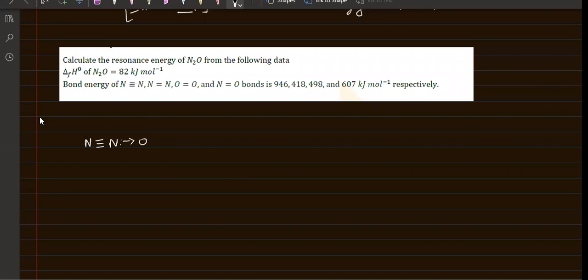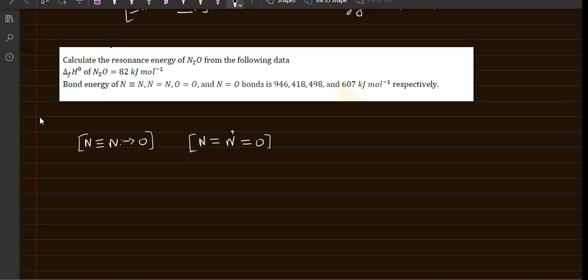Or it is something like this: N double bond N double bond O, with a positive charge, right? So we have these two resonating structures. Right, everyone? So let's see, what will be the heat of formation of this N2O?